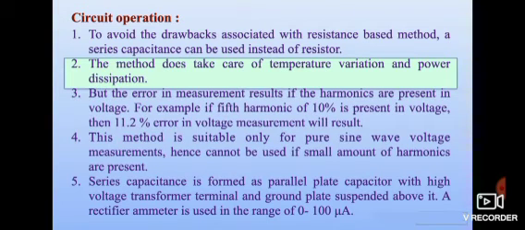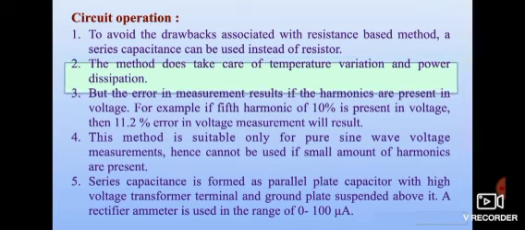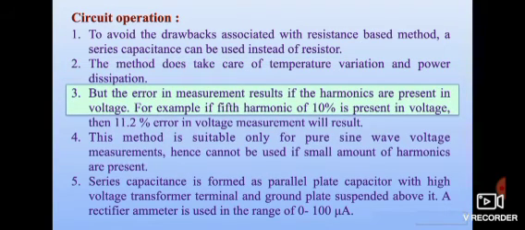To avoid the drawbacks associated with resistance, a series capacitance can be used instead of a resistor. The method does not suffer from temperature variation and power dissipation, but error in measurement results if harmonics are present in the voltage. For example, if a fifth harmonic of 10% is present in the voltage, then an 11.2% error in voltage measurement will result.